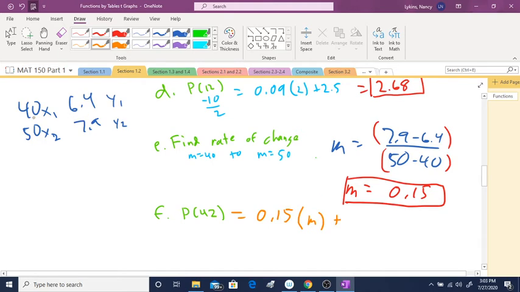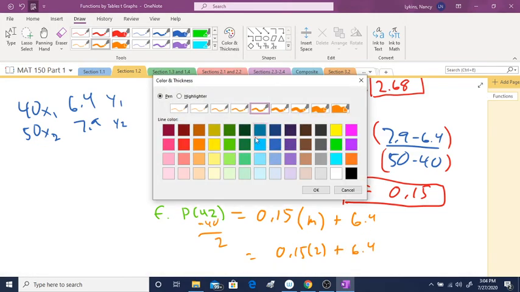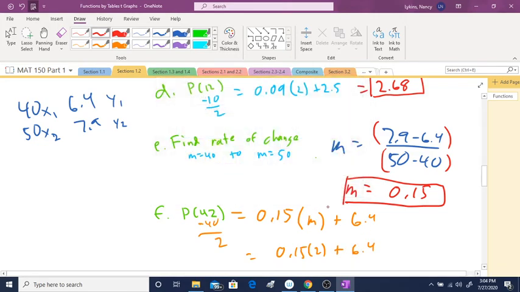Well, it's the smallest value at 40, which is 6.4. So now, I'm going to take my smallest value, which is 40, subtract it from 42, and I get 2. So my answer is going to be 0.15 times 2 plus 6.4. And in this case, it's still going to be pretty small, but it bumps up to 6.7.